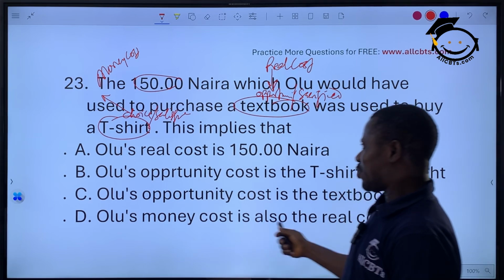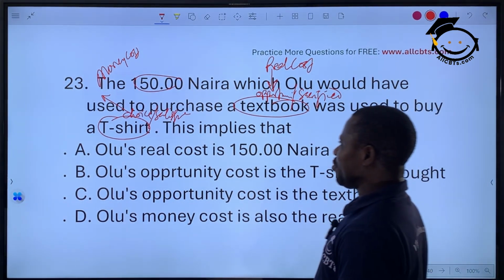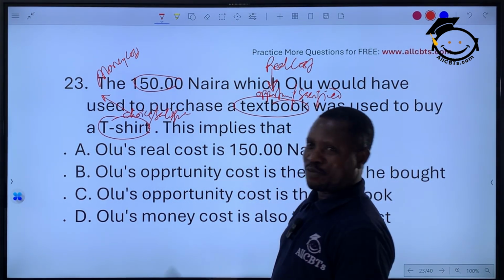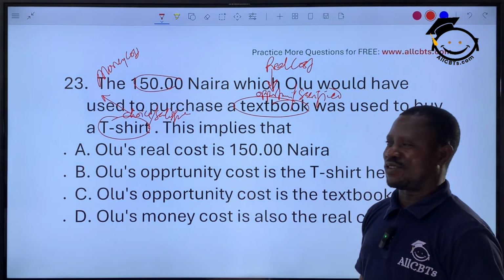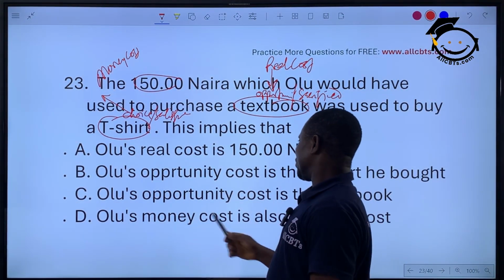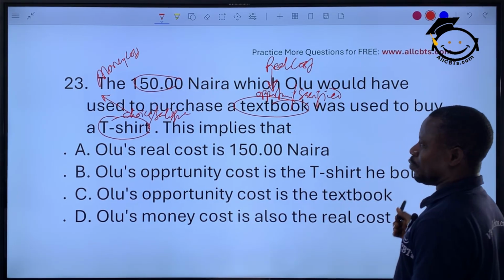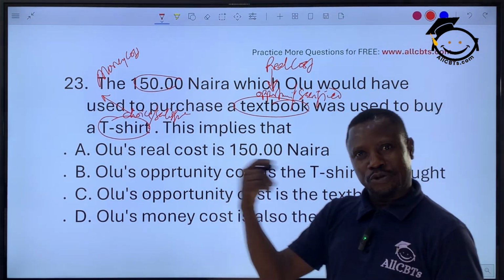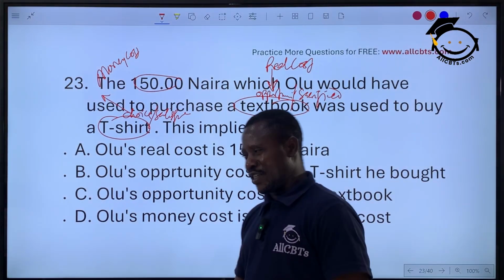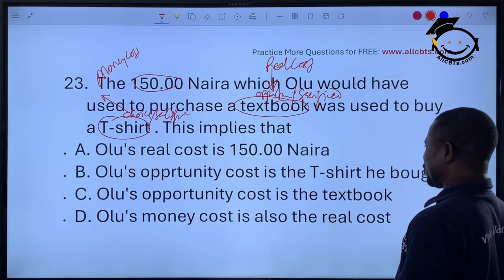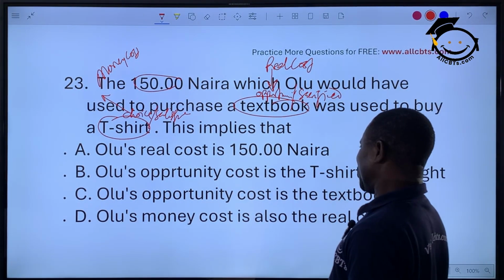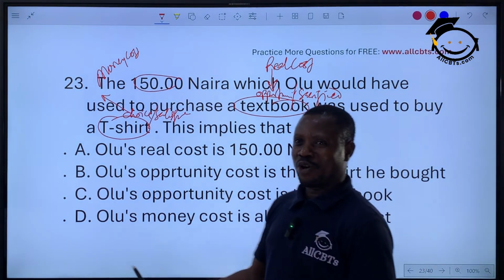Are you with me? So let's see what the options are saying. Olu's real cost is 150 naira. That cannot be true. I just analyzed it on the screen. Olu's opportunity cost is the t-shirt he bought. What you bought cannot be your opportunity cost. Your choice cannot be opportunity cost at the same time. Olu's opportunity cost is the textbook. Olu's money cost is also the real cost? The two of them are not the same.